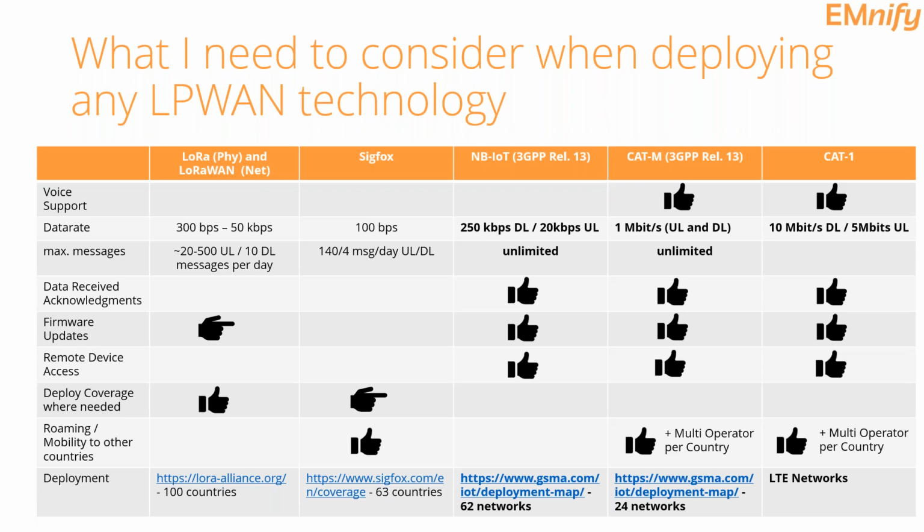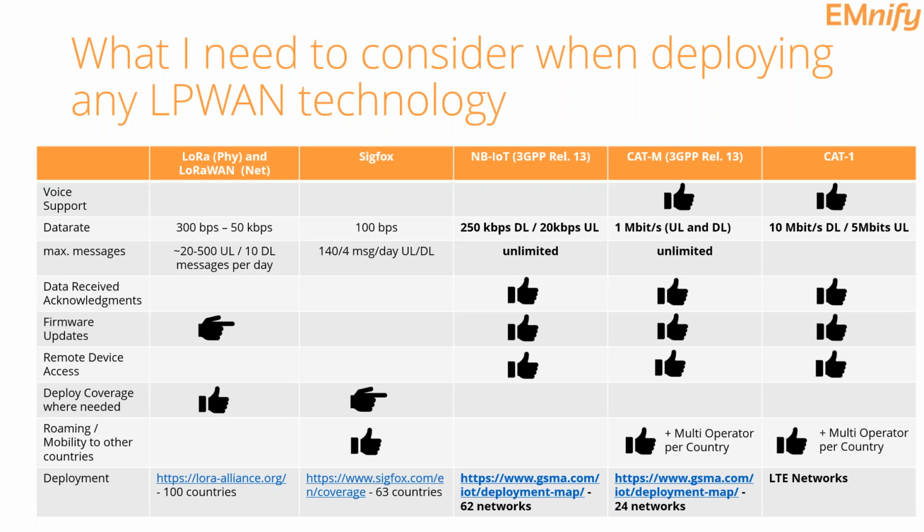Then you need to consider really practical things. Cat-M and Cat 1 are the only ones that are supporting voice, but I think this is very irrelevant for IoT use cases. It is more because it's actually an LTE technology that it's supported, and there are relevant use cases in that domain as well, but the main use cases are rather not voice driven.